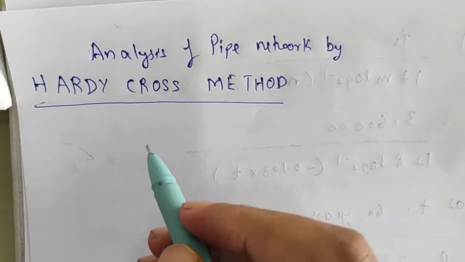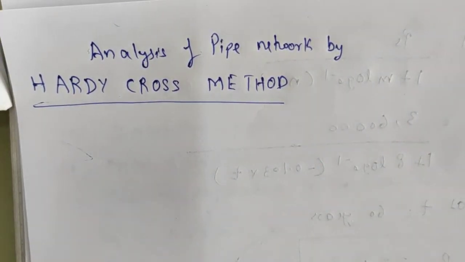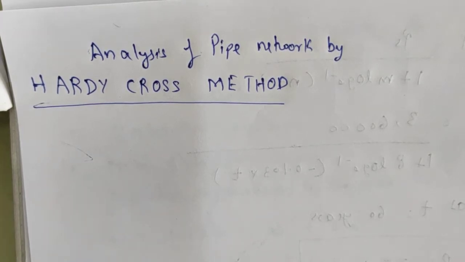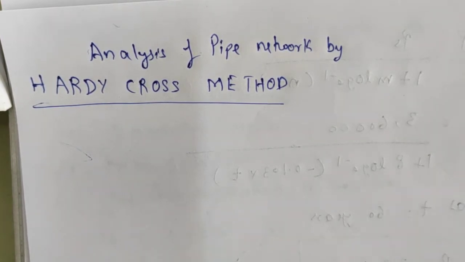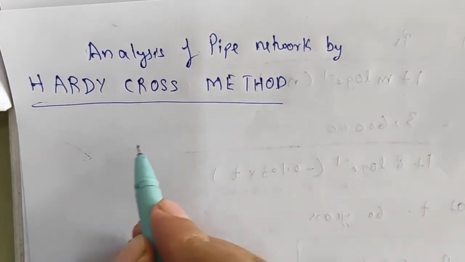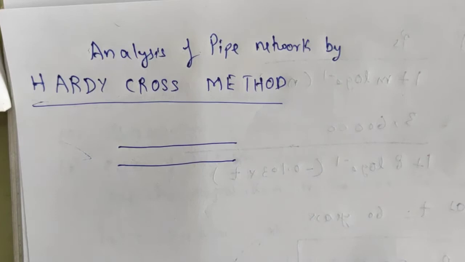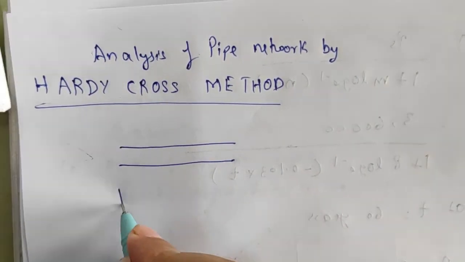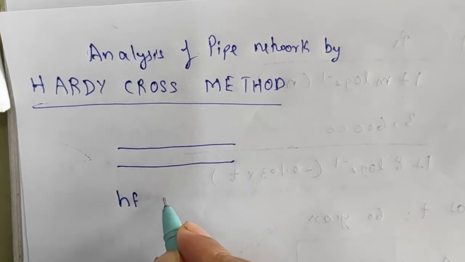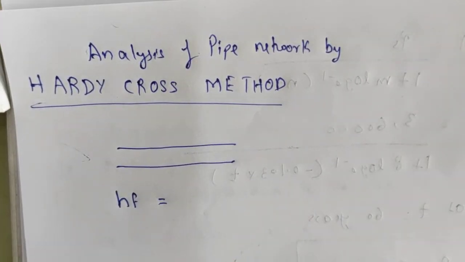So any formula of head loss due to friction can be used, like we can use the Darcy-Weisbach equation, or other types of equations that we have for head loss due to friction. If we consider a single pipe of a single diameter, you know that there would be a head loss due to friction when water is flowing inside this pipe, right?